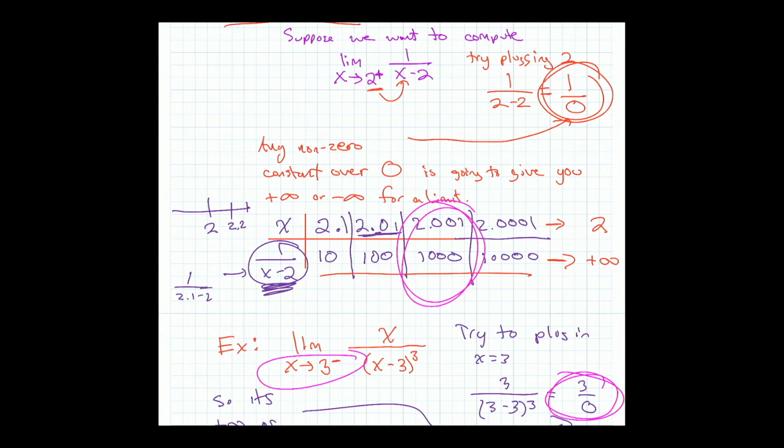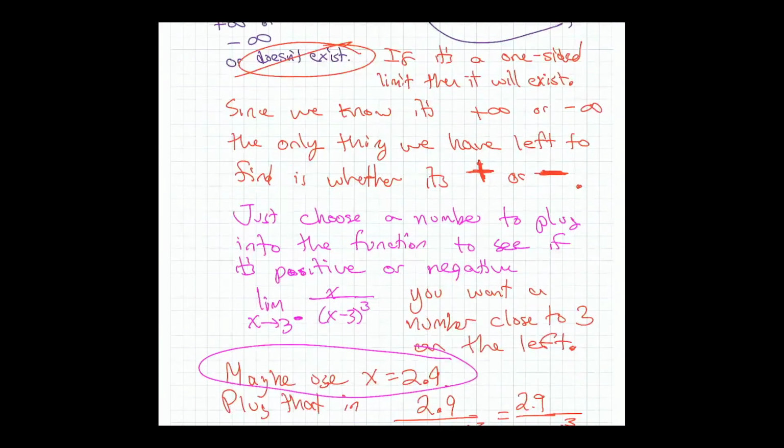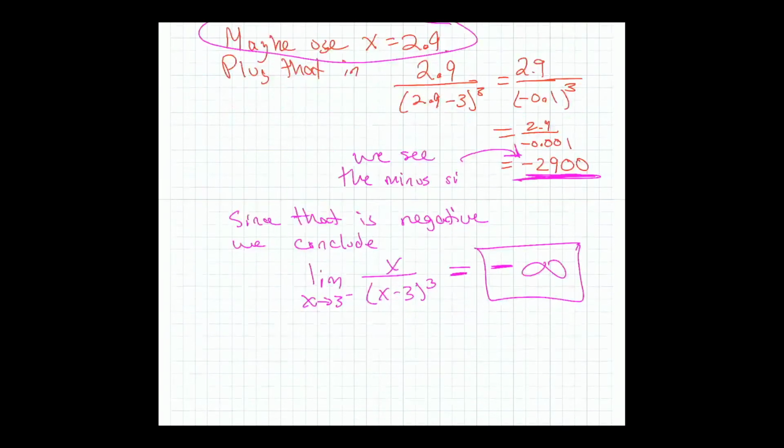Well, 1,000 is positive, so I would have been able to conclude plus infinity just from that. I don't need to see the whole table. So that's what we did here. We only plugged in one number from the table, and that was enough because we already knew it was plus infinity or minus infinity.